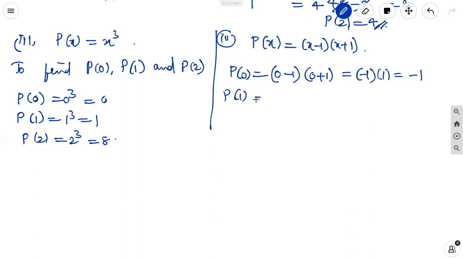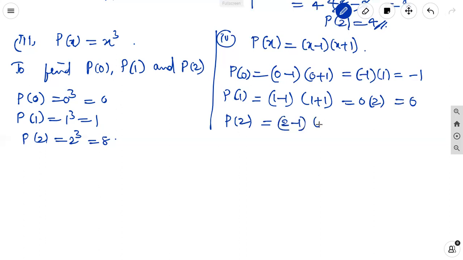P of 1 equal to 1 minus 1 into 1 plus 1. 1 minus 1 is 0 into 2 is 0. P of 2 equal to 2 minus 1 into 2 plus 1 is 1 into 3 is equal to 3. These are the values to find from the given polynomial.